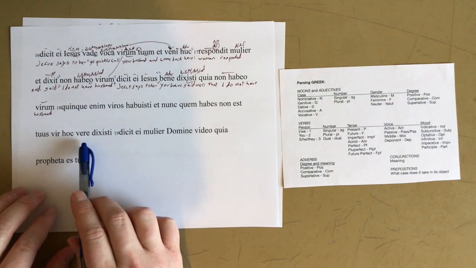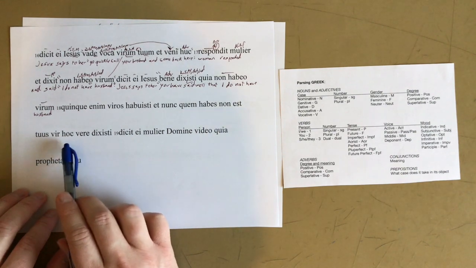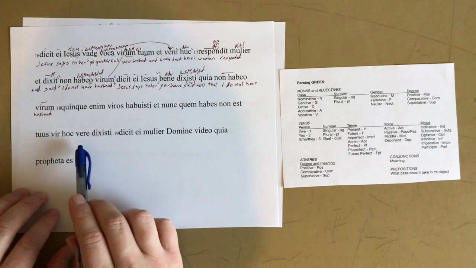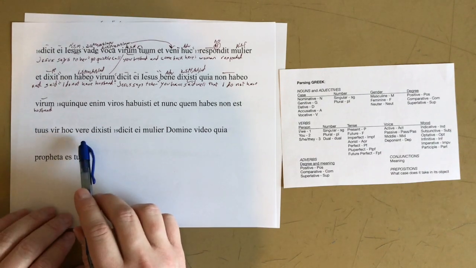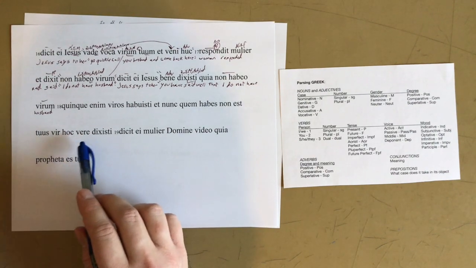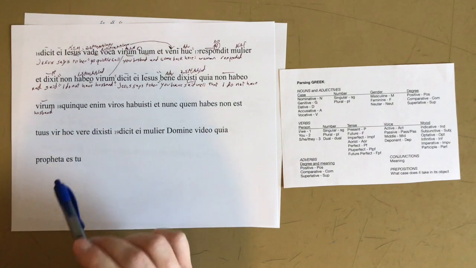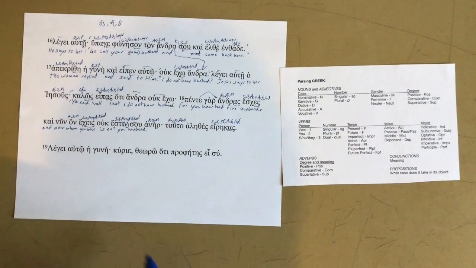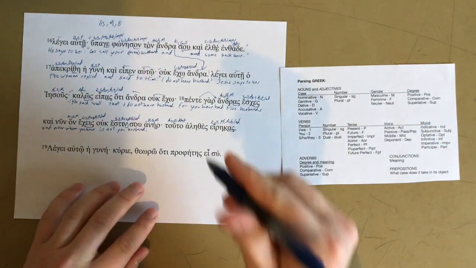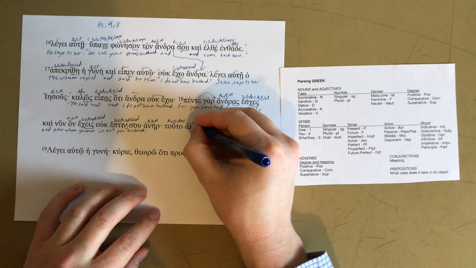Hoc vere, in order for vere to modify hoc, which is the equivalent of tuto, it would have to be verum, which it is clearly not. So Jerome, or whoever was in charge of translating this specific part of the New Testament, clearly took that as an adverb. So then I'm going to side with him. I think that makes, well, he's the authority.